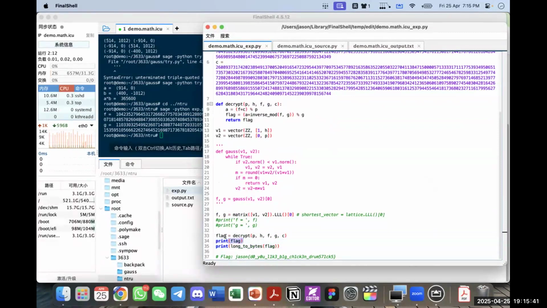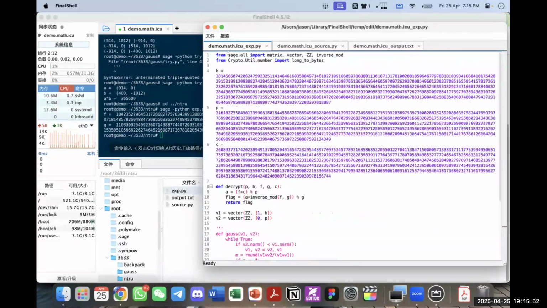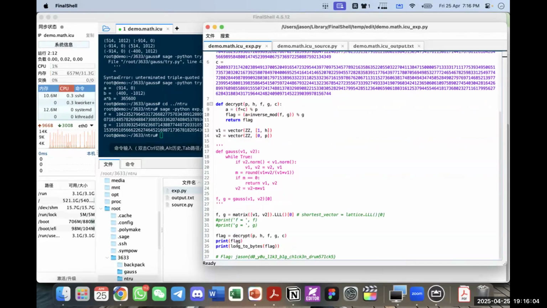But this will give us a number, so we also call the long_to_bytes function from the Crypto package of Python, and then we convert the number into the text that we want. So we just perform this.